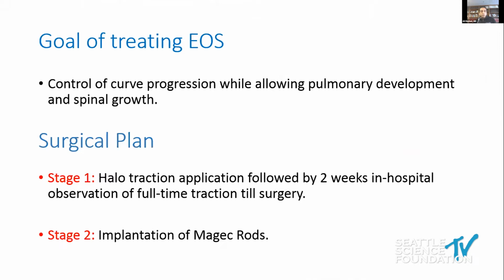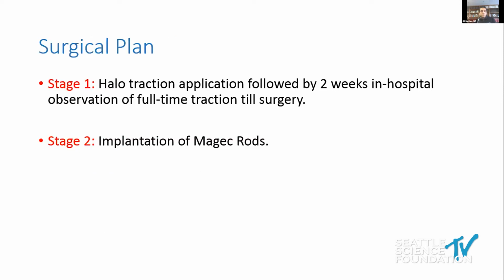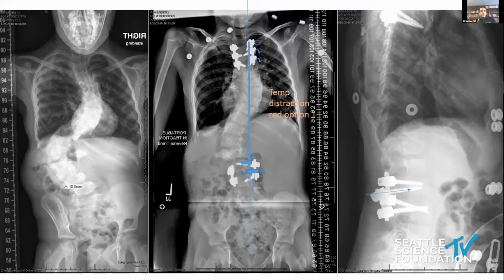So I believe in this particular patient, he had a halo traction application for about 2 weeks in hospital. And then he was planned for a magnetic rod surgery. So as you can see here, I believe this slide shows the plan intra-op, how the process of doing the surgery was.